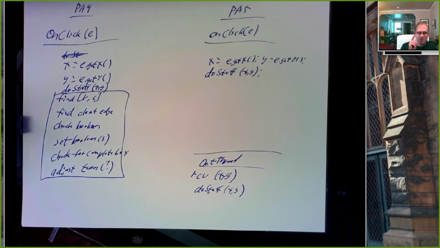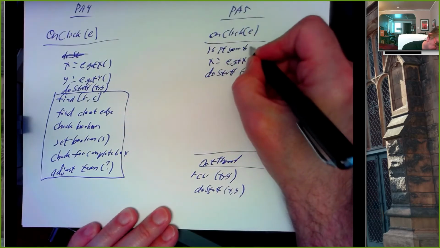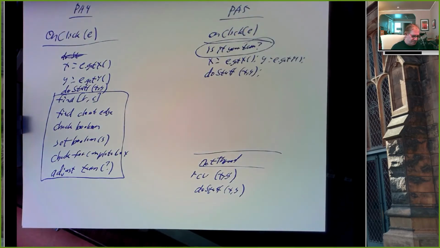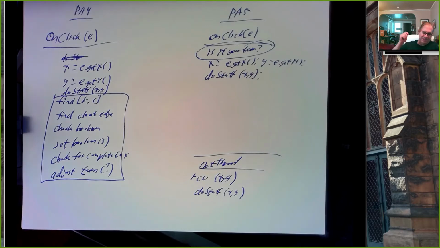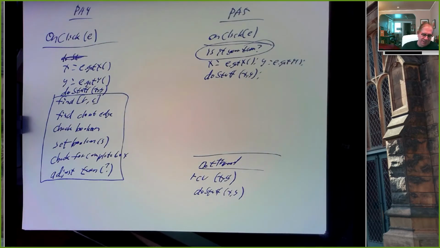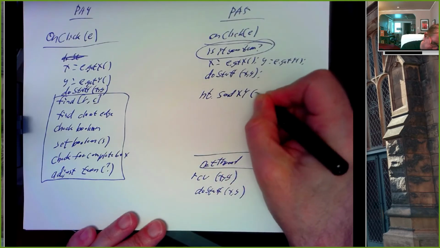And then the other change you have to keep in mind is when you click the mouse, make sure it's your turn. So in your mouse listener, first thing you want to do, see if it's your turn, and if it's not, print out a message saying, you know, please wait for the other player to move, and return. And don't do any of this other stuff if it's not your turn. If it is your turn, get the XY coordinates, do all of this, and then, you know, net thread, send XY coordinates.